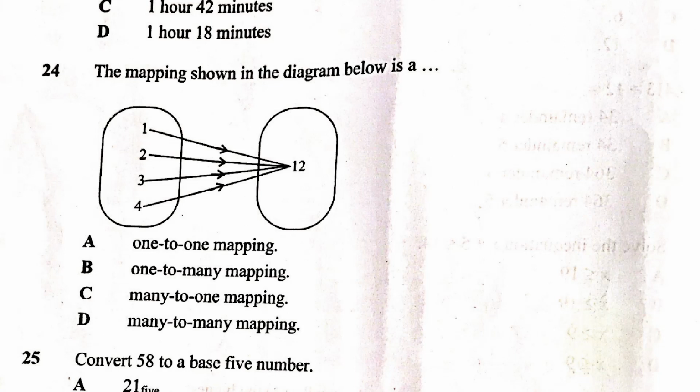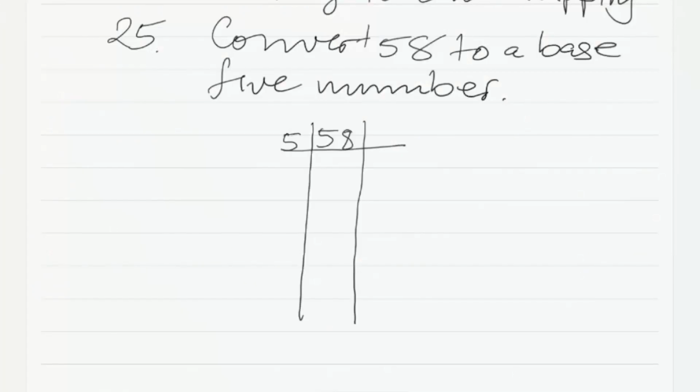We put our 58 there, divide by 5. 5 into 5 will give us 1. 5 into 8 will give us 1. Remainder 3.